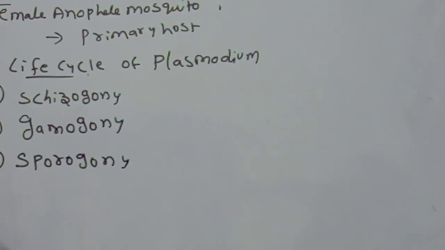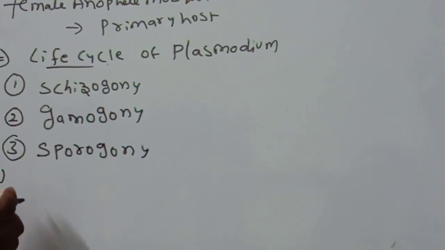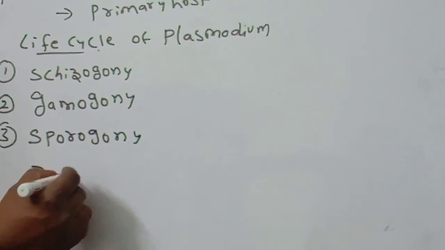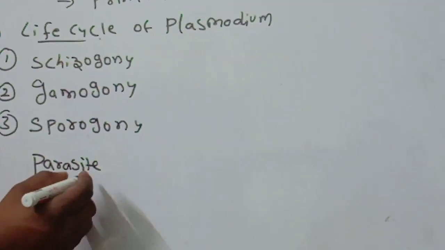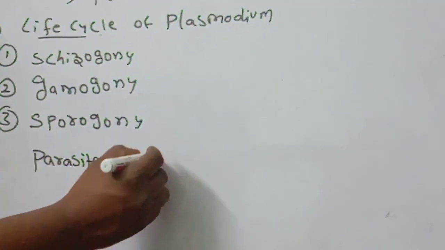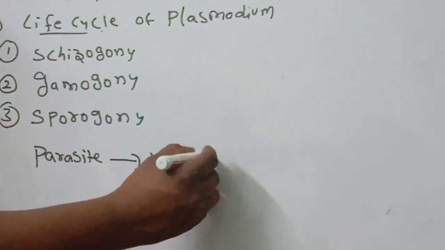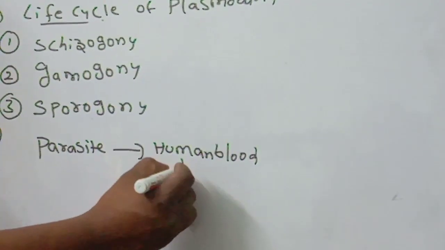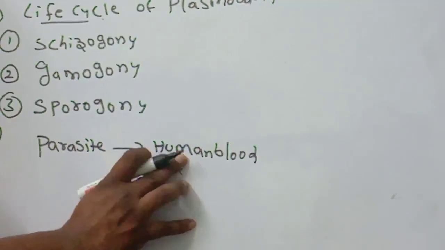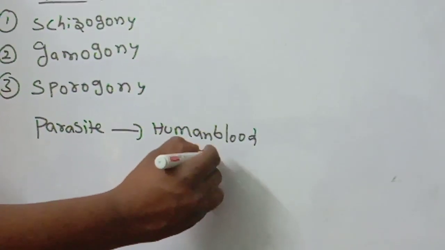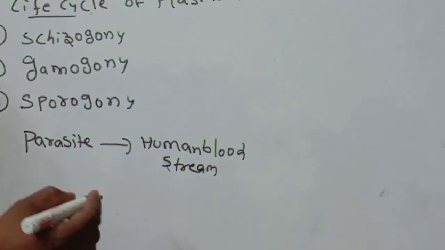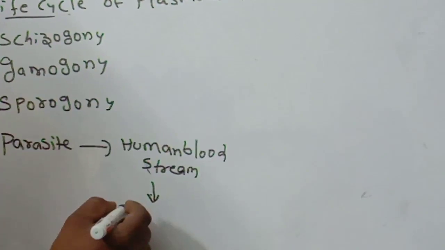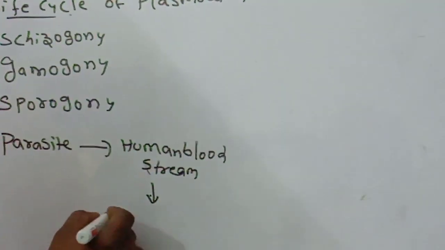Now we are going to discuss the first phase. You see the parasite. This parasite first enters into the human blood. Where will it go? It will go into the human bloodstream through the bite of an infected female anopheles mosquito.